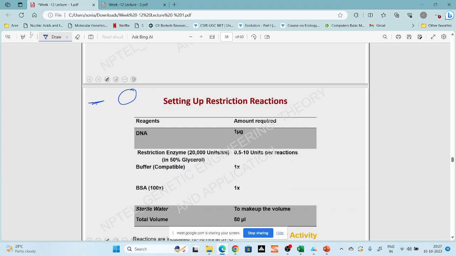Gradient PCR means you have to select the amplification temperature by taking a range: 60, 62, 64, 66, 68.